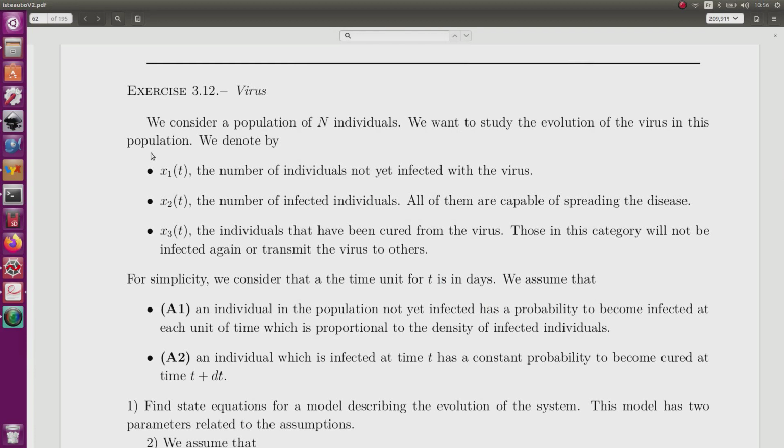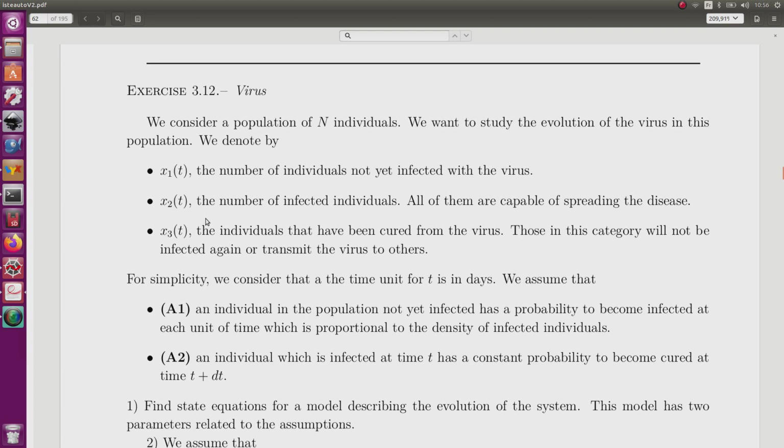Virus. In this exercise, we'll study the dynamics of a virus among a population of n individuals. For this, we'll define different state variables. So I will explain just now what it means.